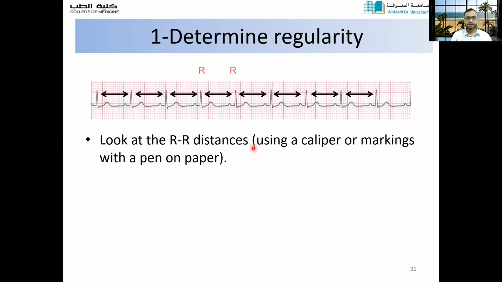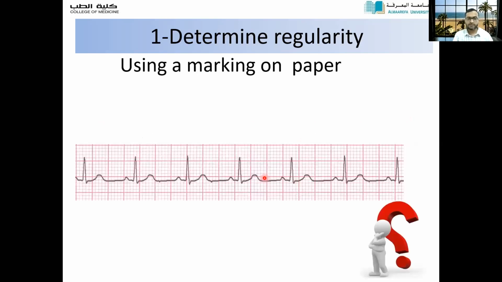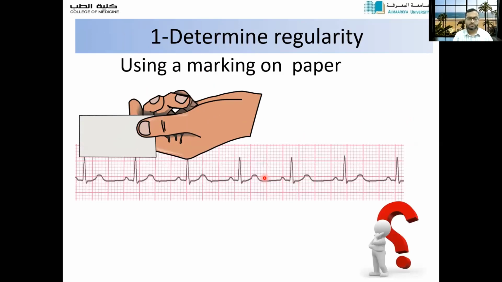How to measure the distance? Either you can use a caliper for measuring the distance, or you can count the squares between the two R waves. But both these methods, by caliper as well as by counting the small squares, take a long time. So the easiest way is to take a piece of paper and put a marking at one R wave and the second R wave.